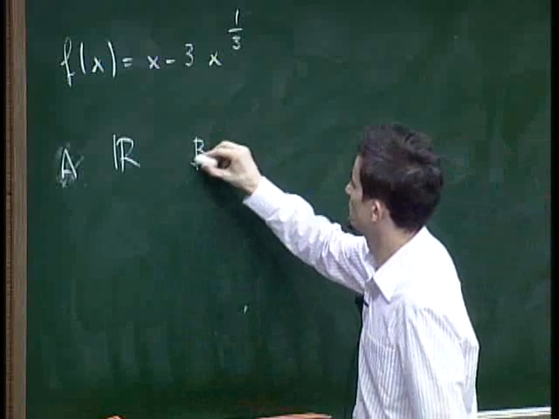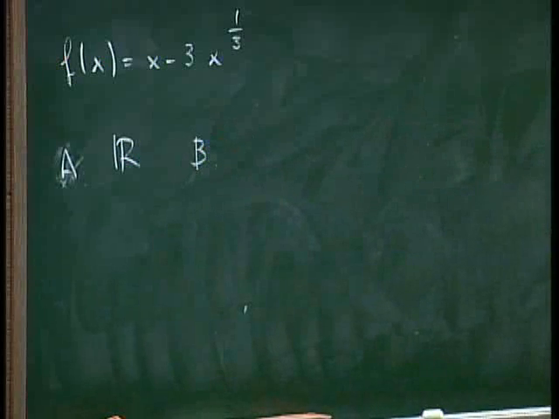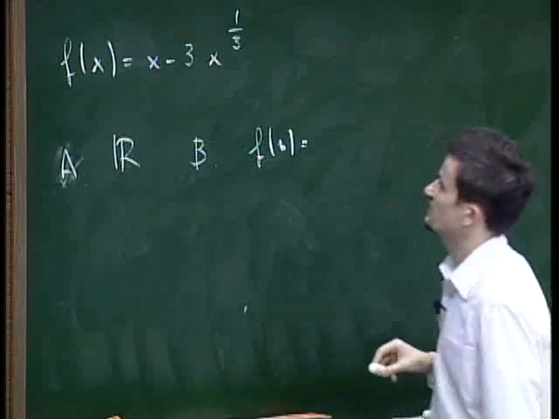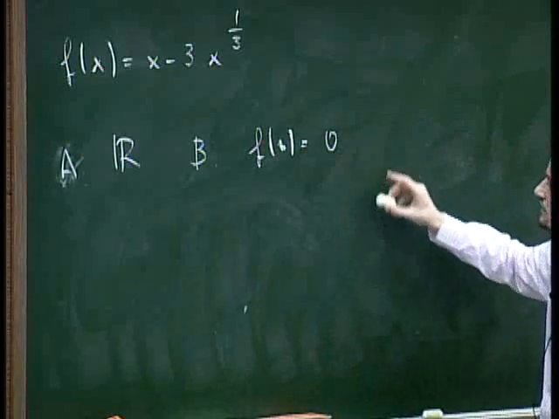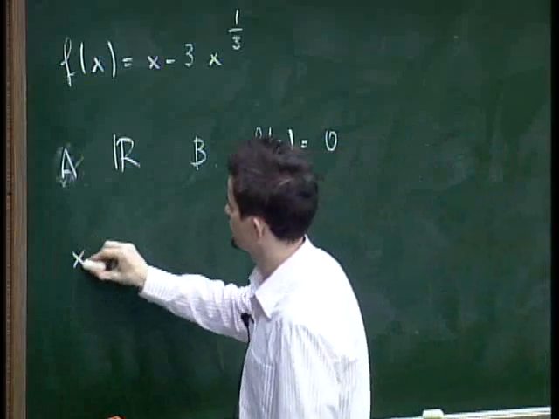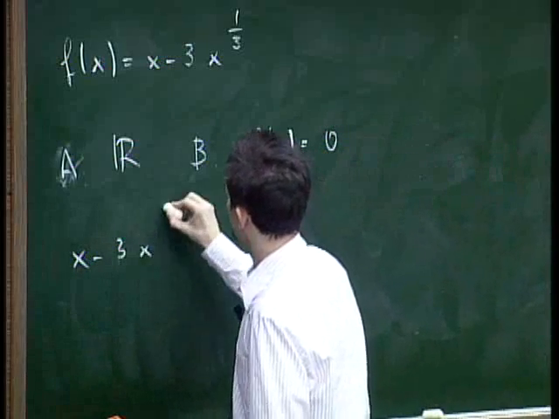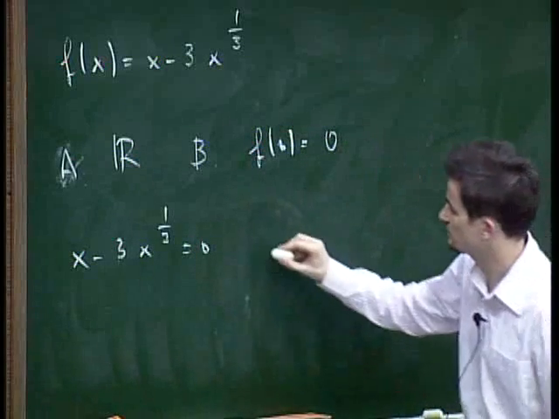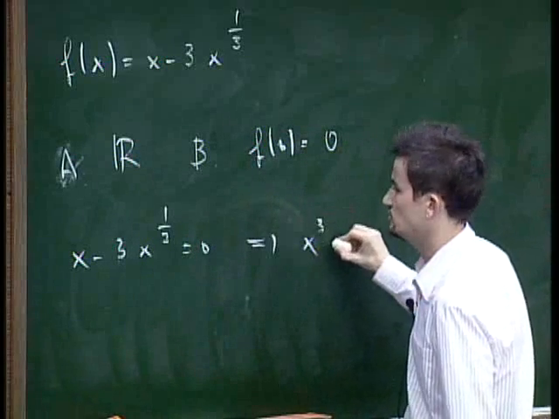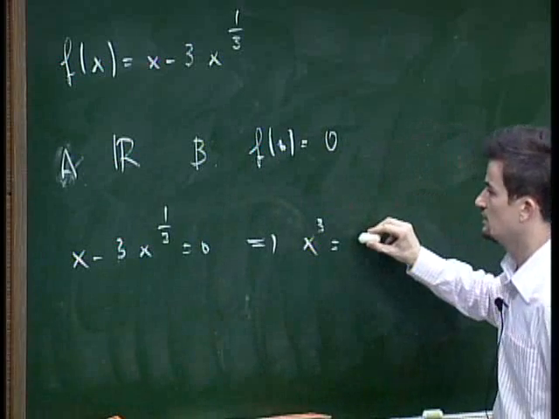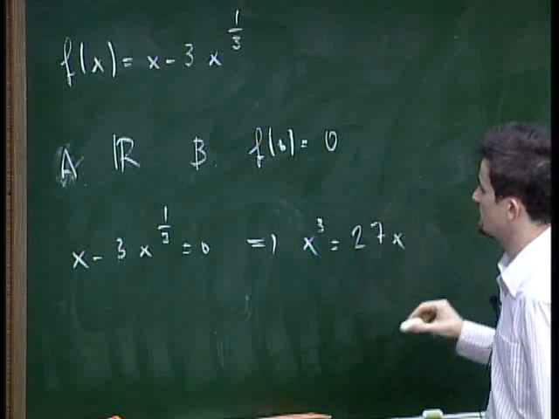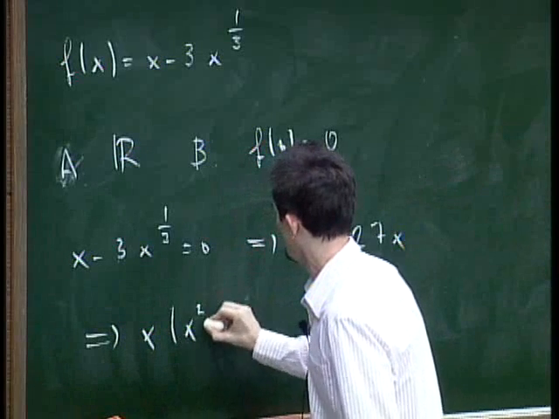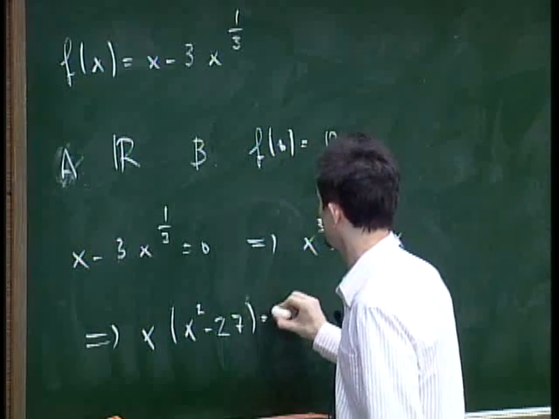The second step: x and y intercepts. You see the y-intercept is equal to 0. And for the x-intercept, you have to solve x minus x to the cube over 27 is equal to 0. This is an easy equation. So you see that x to the cube is equal to 27x. So you have x times x squared minus 27 is equal to 0.